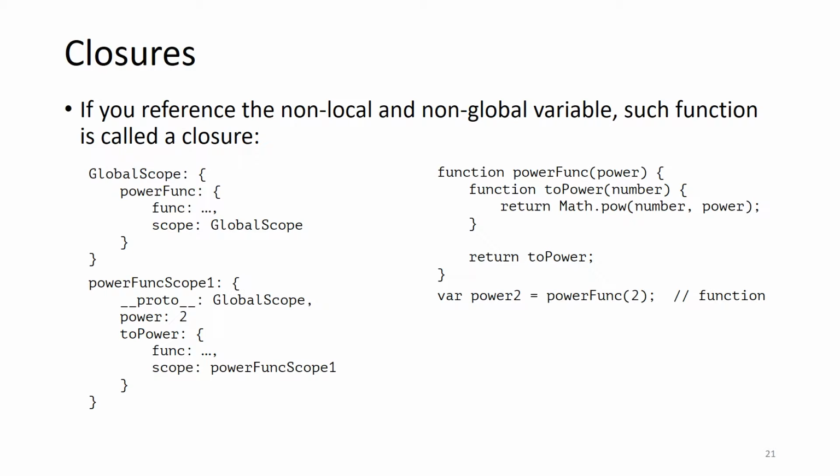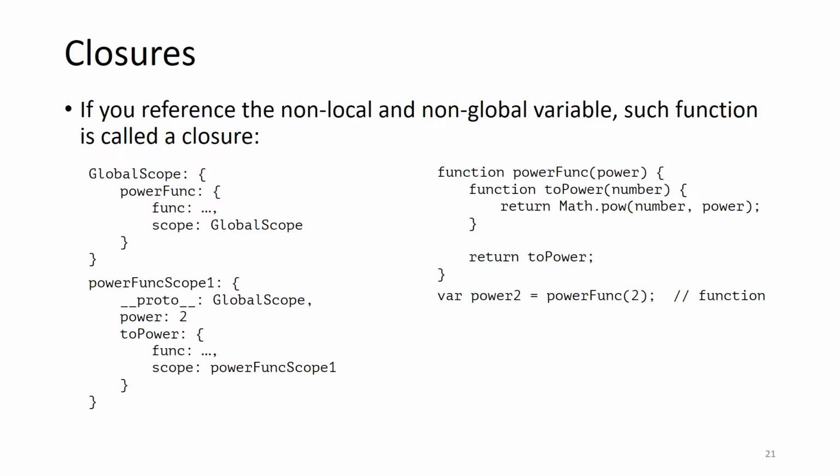But if we now call this function, we create a new scope that is prototypically inherited from the global scope, but it now has two variables, the function argument, power, that we passed to it, and the function toPower that we defined. And this function has the parent scope, not global scope, but its own scope. Now, we return the toPower function.